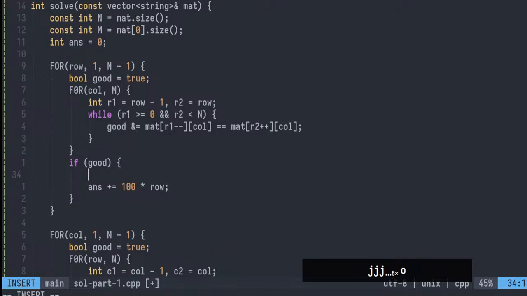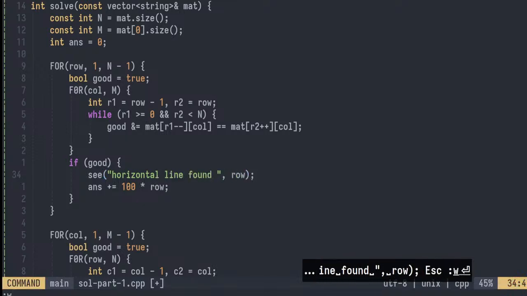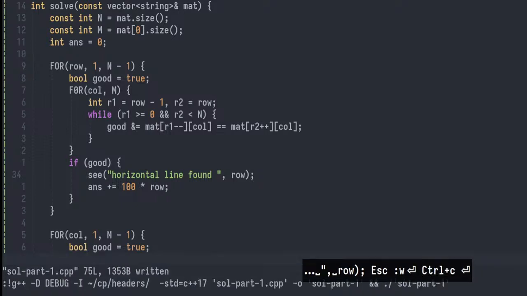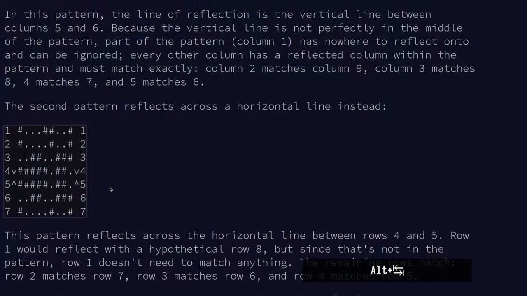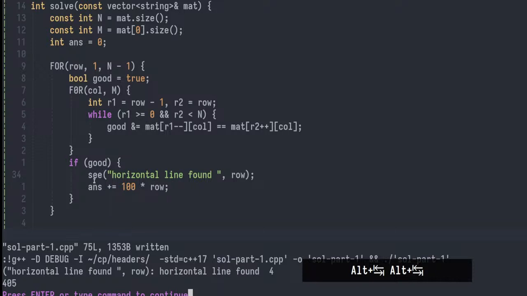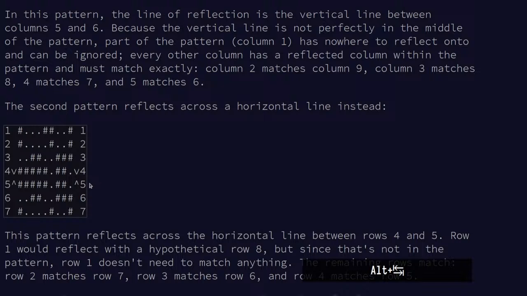Okay, so see horizontal line found for this row, and this should print. Right, it printed 4. Is 4 right or not? 0, 1, 2, 3, 4.